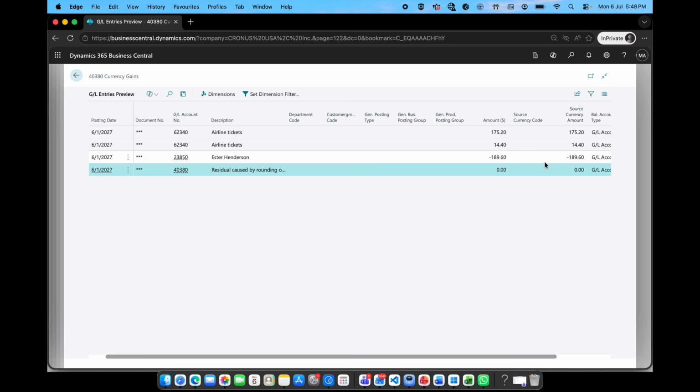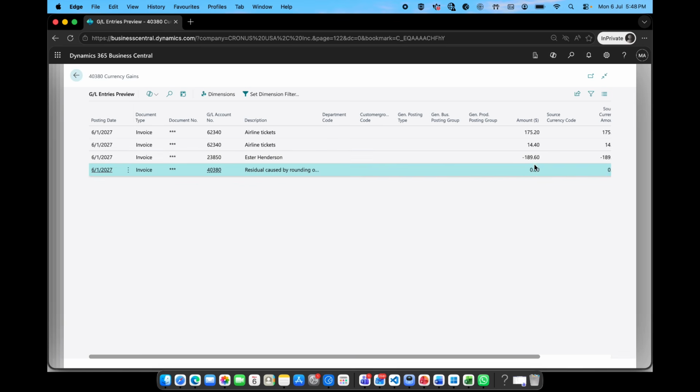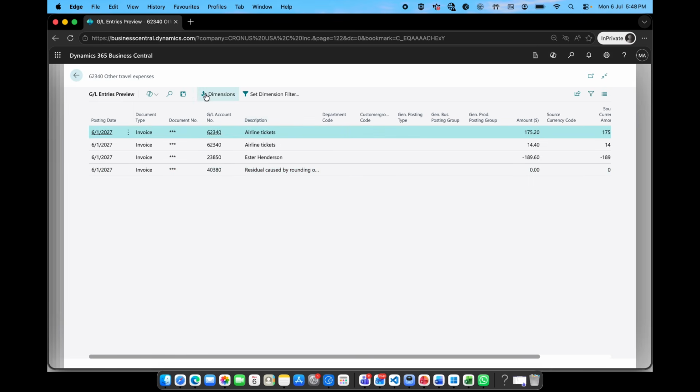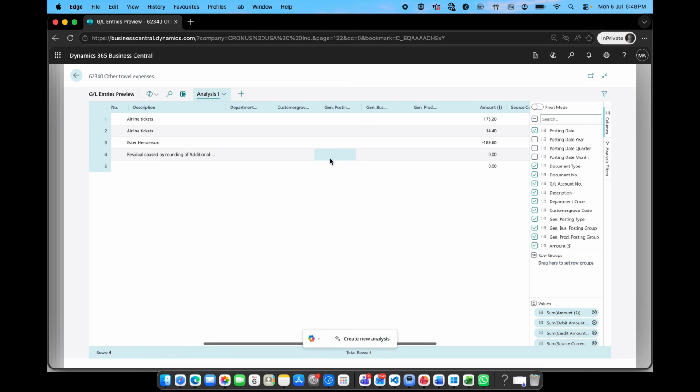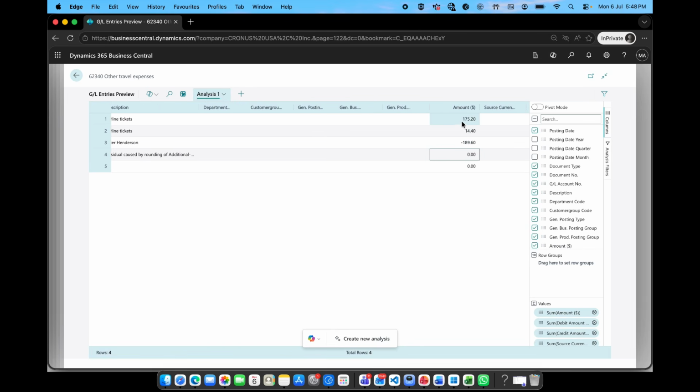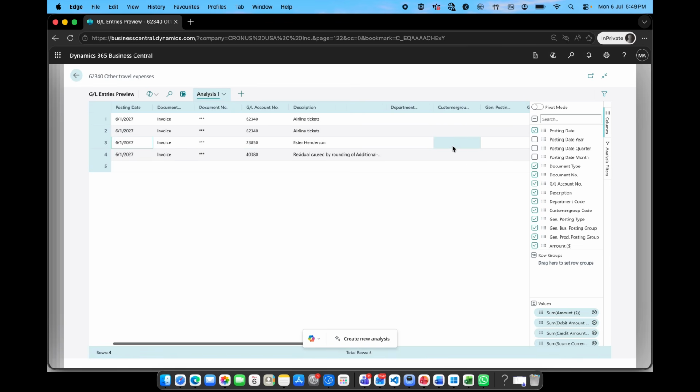So yeah, rounding, it has nothing on it, so I can see it goes to 0. At least I hope. Yeah, it's all 0. So I can see 175, that was for airline, 1440, that was for airline, and employee gets the whole amount of 189. So that's basically the reimbursement amount LCY, which basically went to the employee's account, right?